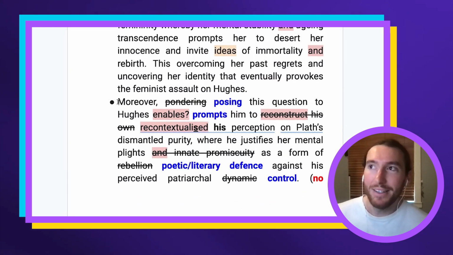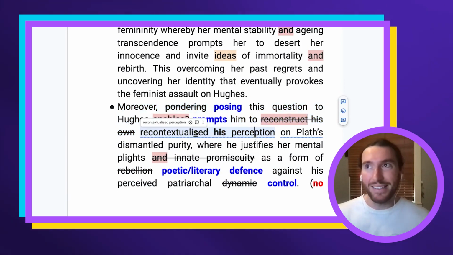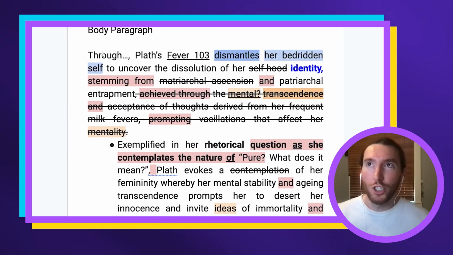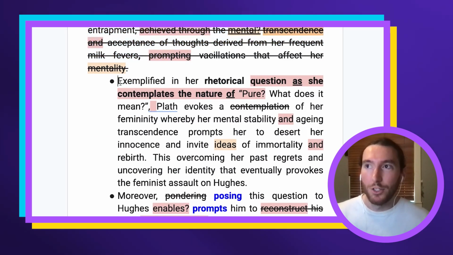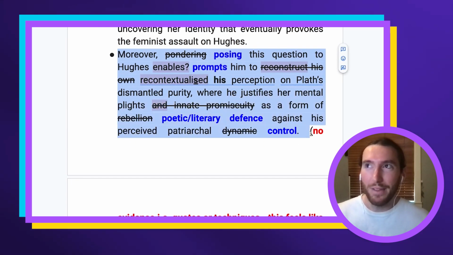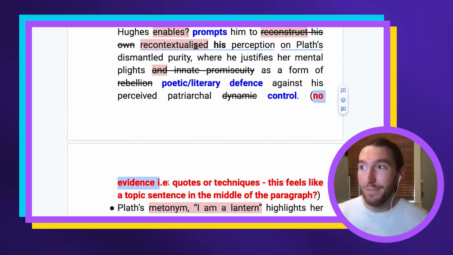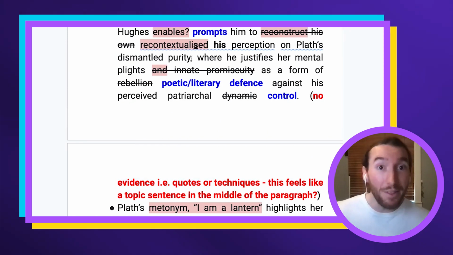The issue with this sentence, though, if you look at it, there are no quotes, there are no techniques, there's no analysis. So even though you did a good job of going topic sentence to analysis, you've somehow reverted back to another kind of topic sentence mid-paragraph. You've only brought in one piece of analysis, and yet there's no evidence here. You've just added in another concept, another piece of commentary that doesn't actually have any analysis attached.